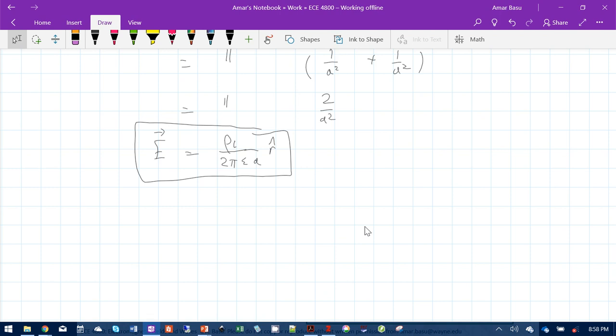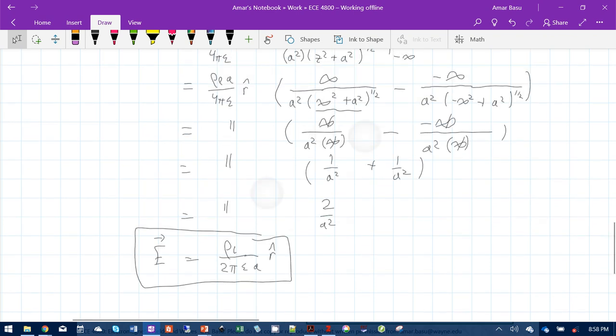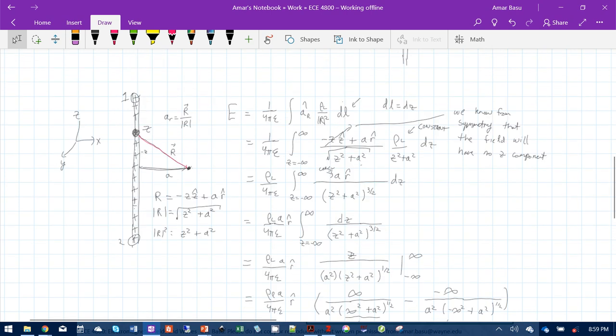So I would say these are some of the most challenging problems that you'll have in this semester, because you're integrating, you're thinking about vectors, you're thinking about charge distributions, and you have to integrate on different types of geometries. So I think these types of problems will be among the toughest, if not the toughest. So spend some time on these problems and get an intuition on how to do them.